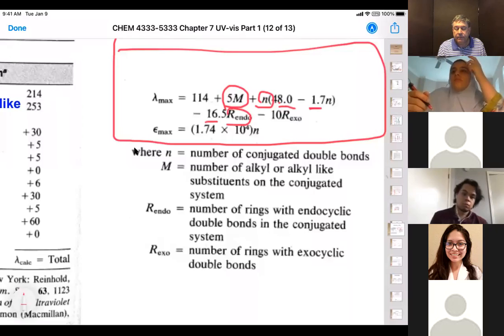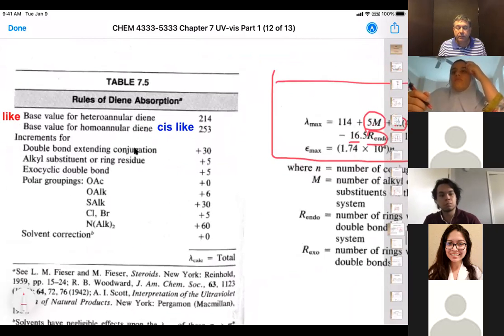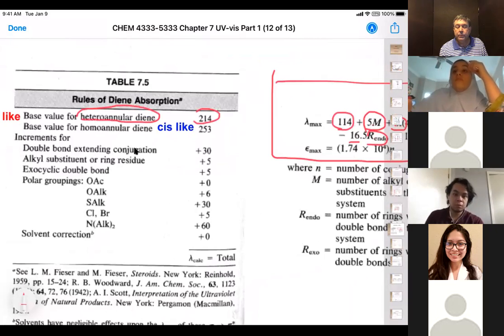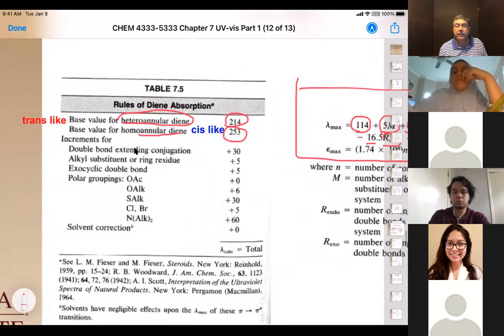However, in the case of a multi-cyclic system, if you have fused rings, you have to use a different starting base. You don't use the 114, you use a 214 or a 235. You use the 214 if it's a trans-like double bond in the ring system, or if it's a cis-like double bond, you use the higher number.